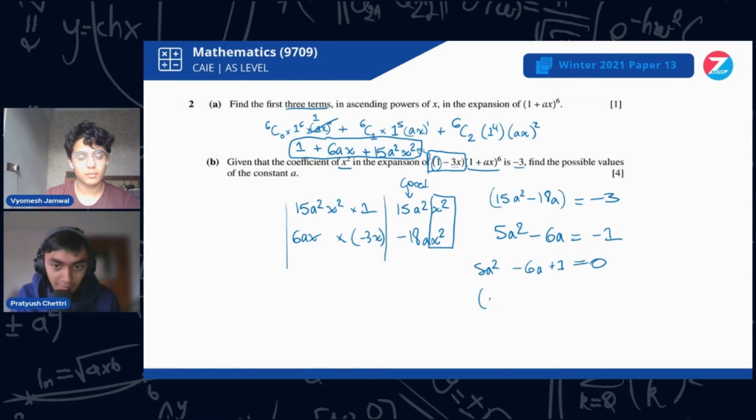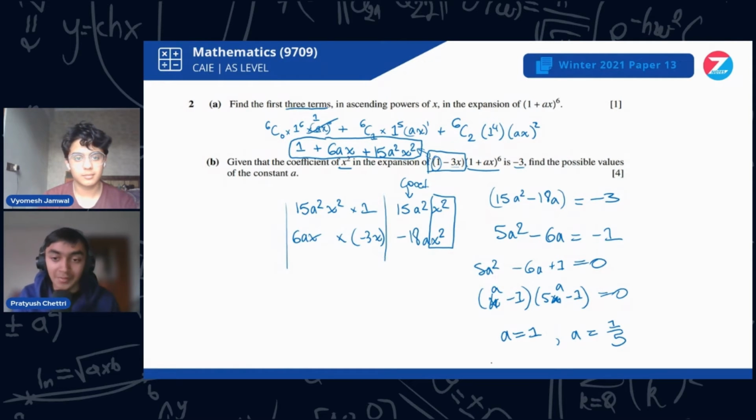And you end up with (a minus 1)(5a minus 1) is 0. So your values of a, they're a, not x, I keep writing x just out of habit. a is 1 and a is 1 by 5.